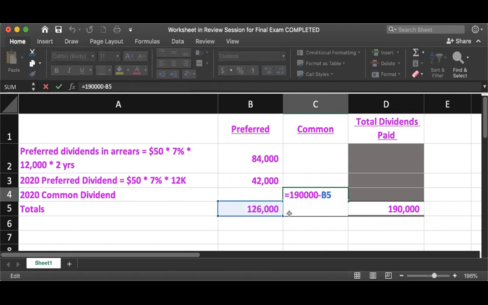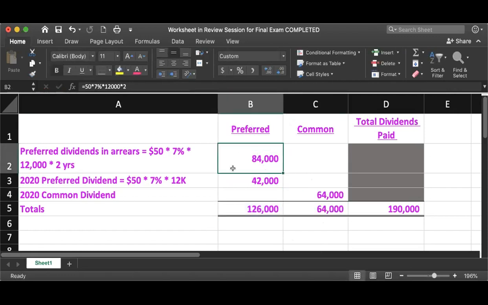Again, what we're going to do is, first of all, compute what the preferred dividends are. And if there are dividends in arrears, that needs to be calculated as well. So we know how much has to be paid to the preferred shareholders, and then anything out of the total that's left will be paid to the common shareholders.